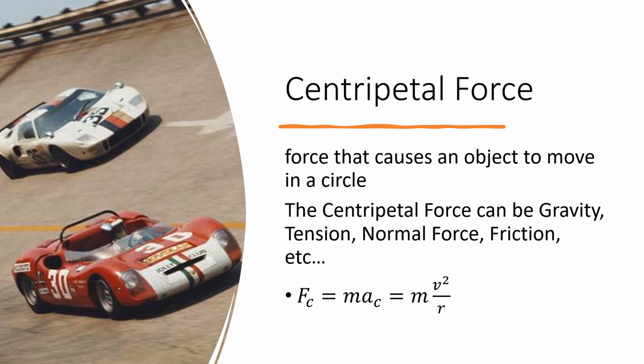So when we write equations, we would say that as F sub c. And our centripetal force is our net centripetal acceleration, right? So that's m times a sub c. Now, we already talked about centripetal acceleration, and that is one of the things that you actually get. And that is velocity squared over r. So if I plug that in for a, then I get this centripetal force is m times v squared over r.